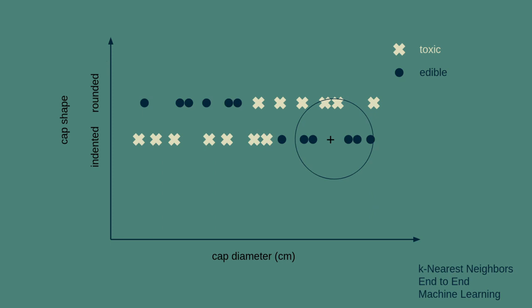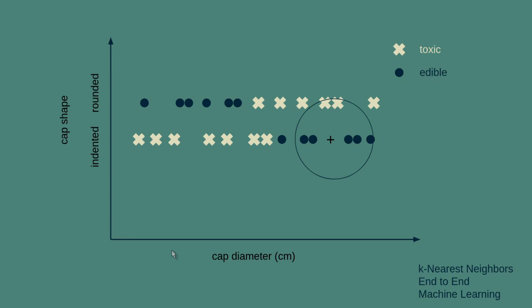This cap shape is either or, the way we've represented it, categorical. It's either indented or rounded. And so that means all of our mushrooms either fall on this line next to indented or this line next to rounded. And then the cap diameter is a continuous variable and it's spread across.